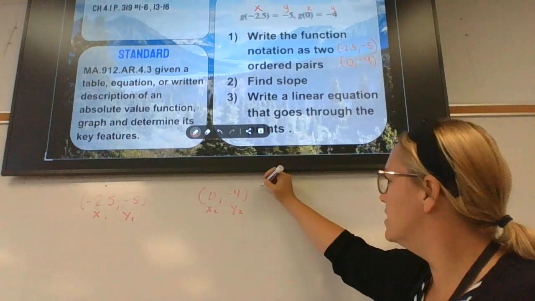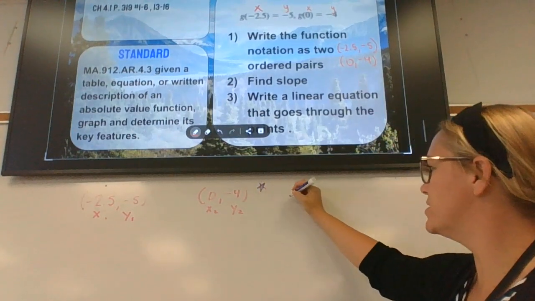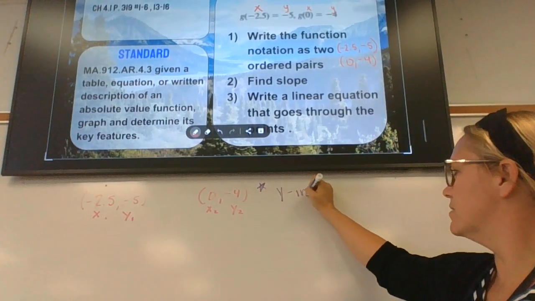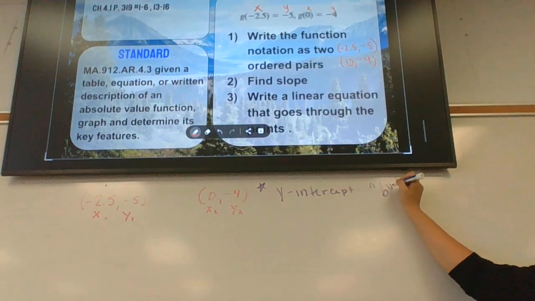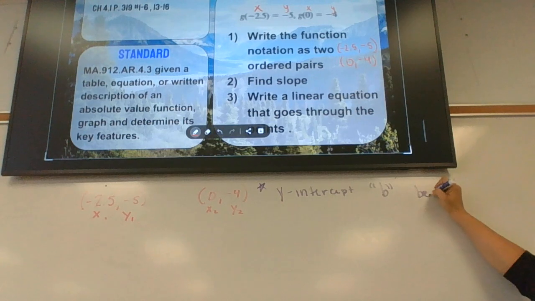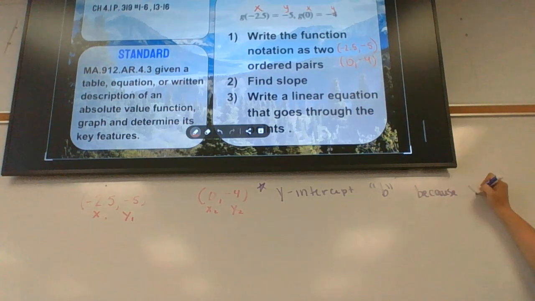So this one, when I saw it, kind of made me extra happy. I know this is the y-intercept, which is the b value, because x equals 0. So when you see x equals 0, you should get kind of happy because that's part of the equation you need. And so that's a good helper point.